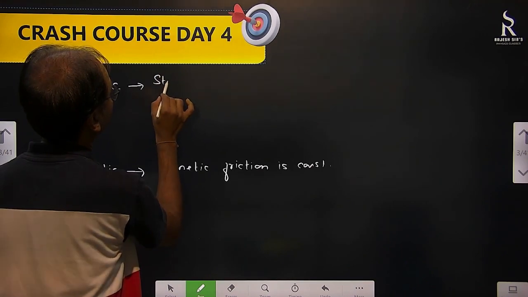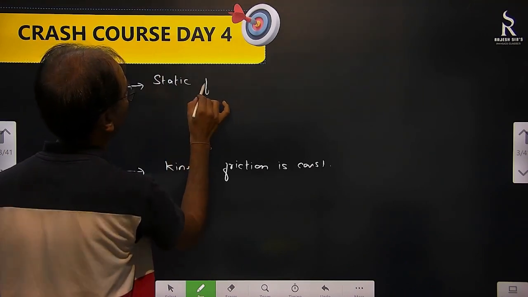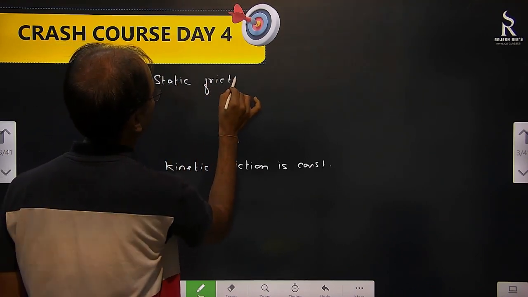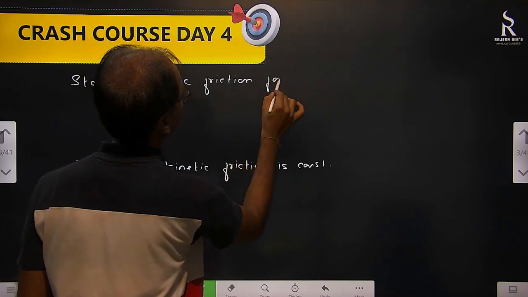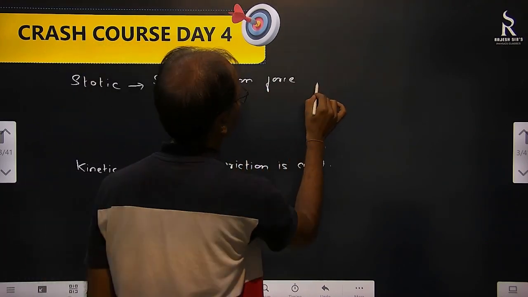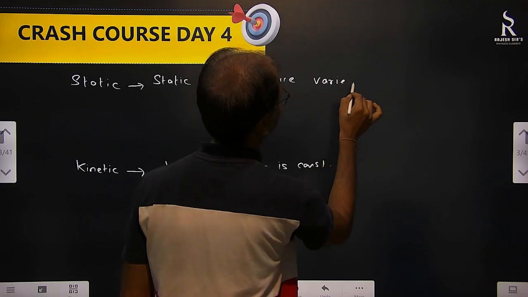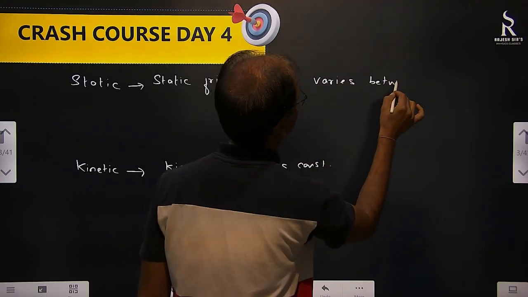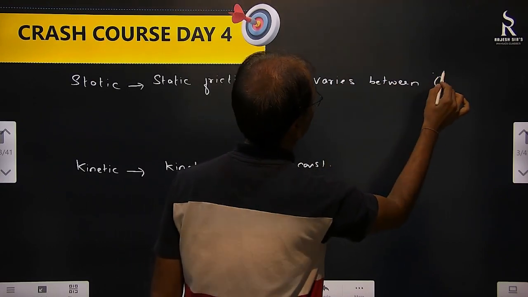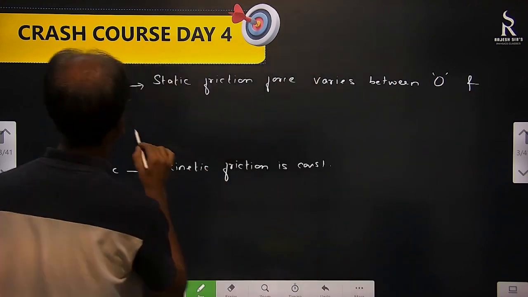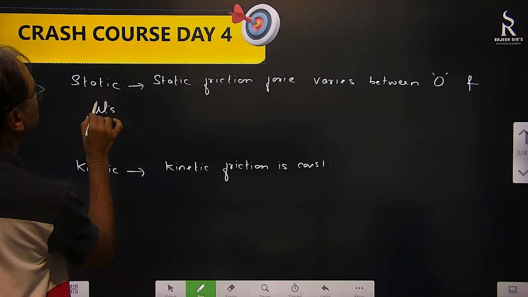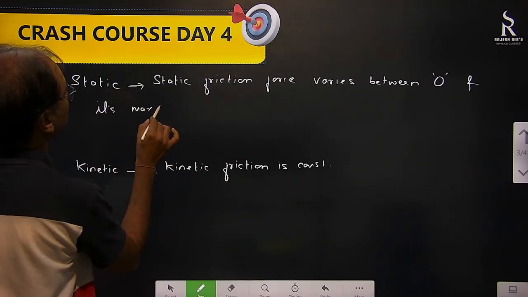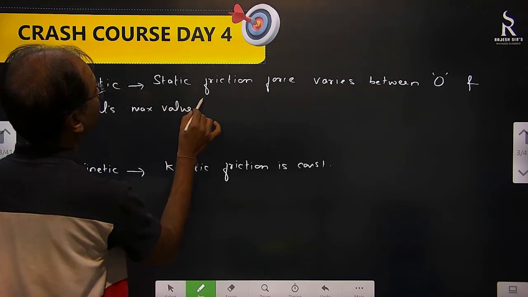Static friction force varies between zero and its maximum value. Maximum value we call as what?